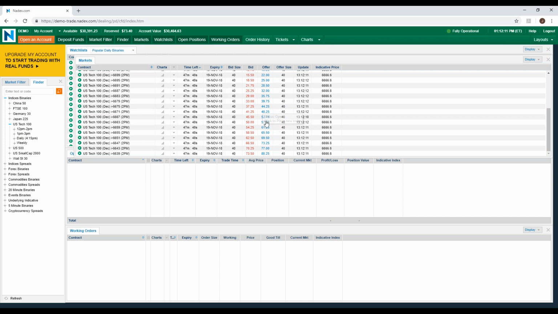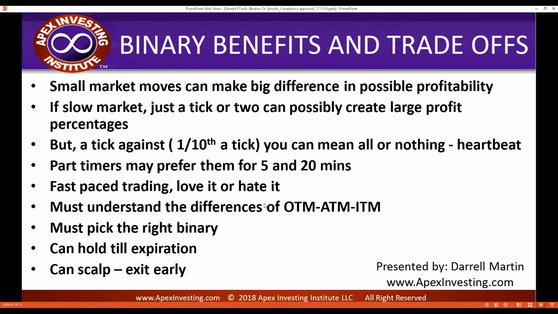So you have to understand what binary is going to be best for the strategy or system that you're trading and for the current market condition. All right. But it doesn't take huge moves of the market to potentially have a very high profit percentage. All right. You have to understand the different binaries to make sure you're picking the right one.